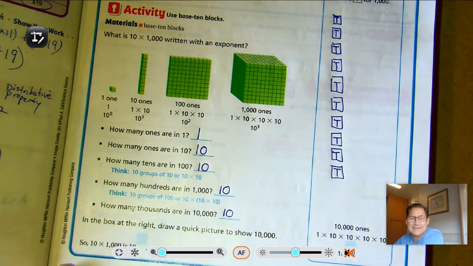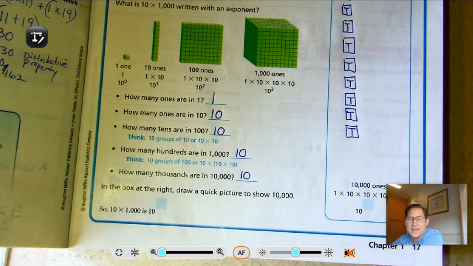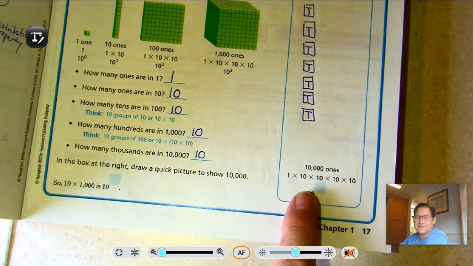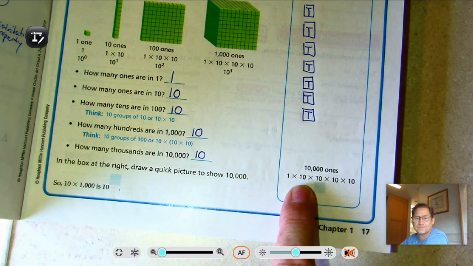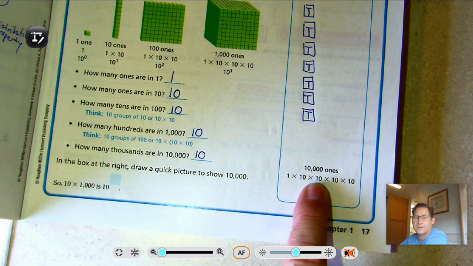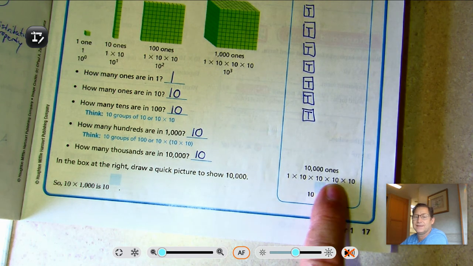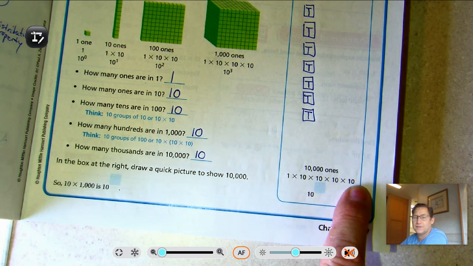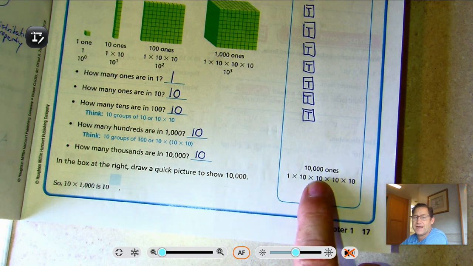So 10 times 1,000 is what? So let's look at that. 10, 100, 1,000, 10,000. So how many factors of 10 did we have? We have 4.